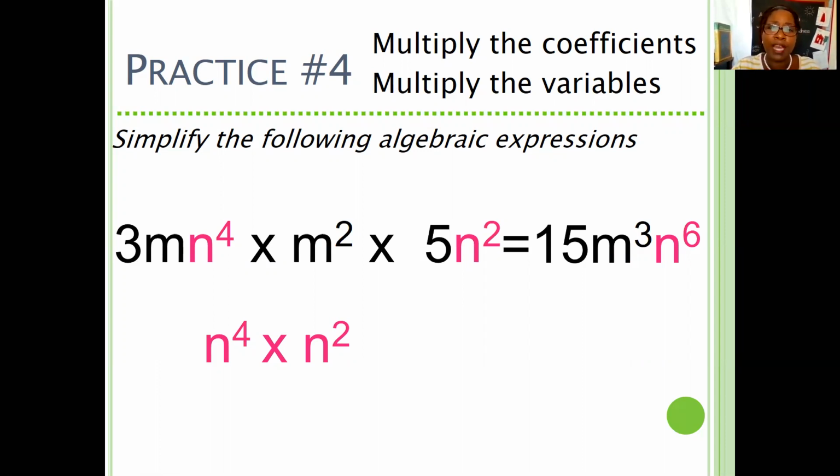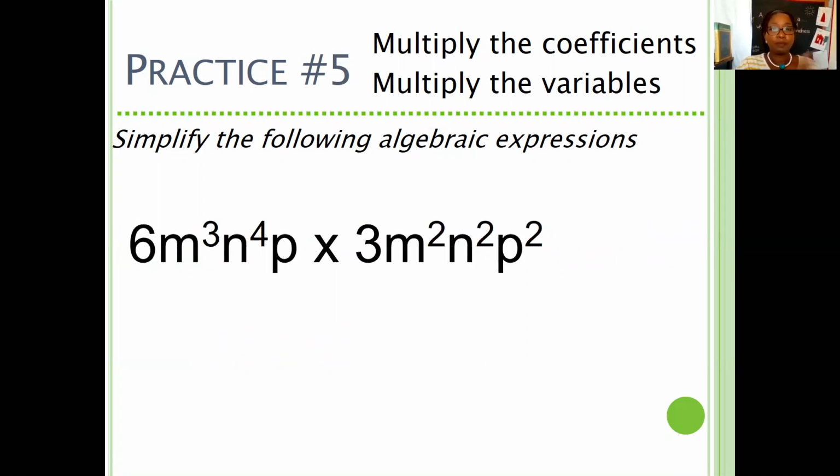How did we get that m to the 3rd power, or m cubed? Right, we did m times m squared. We add the exponents together. How did we get n to the 6th power? We had that n to the 4th power times n squared, and we added the exponents together. Yes, you are becoming a boss in mathematics.